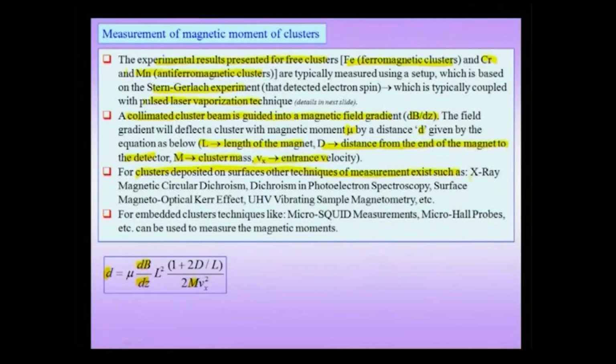For particles or clusters deposited on surfaces, we can use techniques like X-ray magnetic circular dichroism, dichroism in photoelectron spectroscopy, surface magneto-optical Kerr effect, UHV vibrating sample magnetometry, etc. And here we are just mentioning the names. An interested reader obviously needs to go into texts which will go into detail regarding the operation of these techniques and the physics behind them.